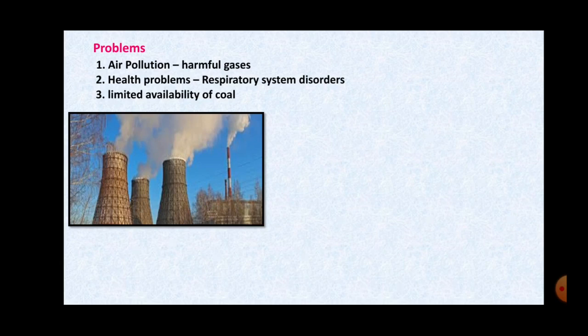So that is the major problem, because the reserves of fuel are very limited, and definitely in the future we are going to face the problem of scarcity of coal. So these are the three main problems, or you can say disadvantages, of the thermal power plant.